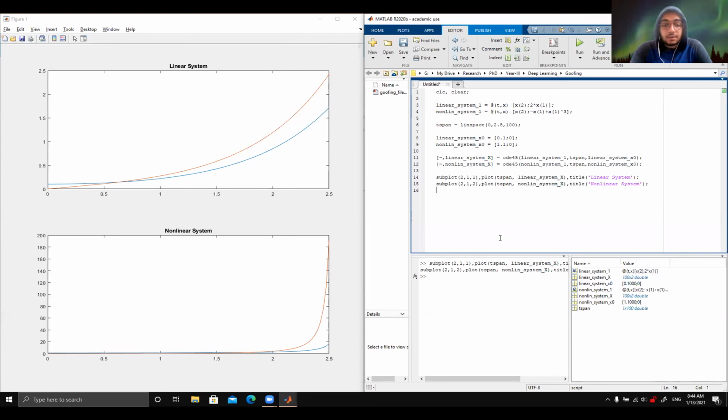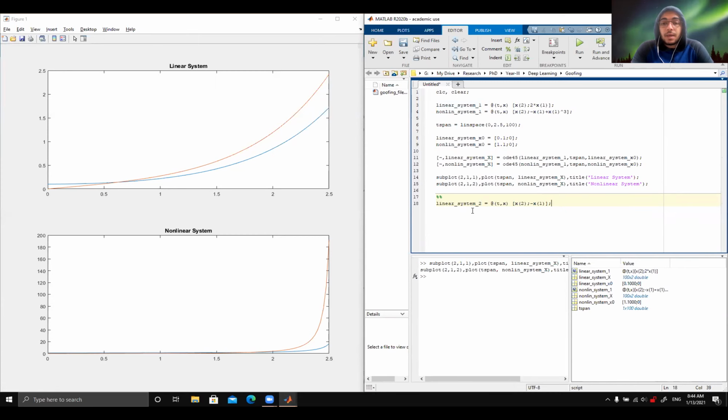Okay. Now let's try to do the linearization and the linear system around x equal to 0 rather than x equal to 1. So the linear system is going to be different. In this case, let's call it linear system 2. I'll let you do the details, but this is going to be equal to negative x1.